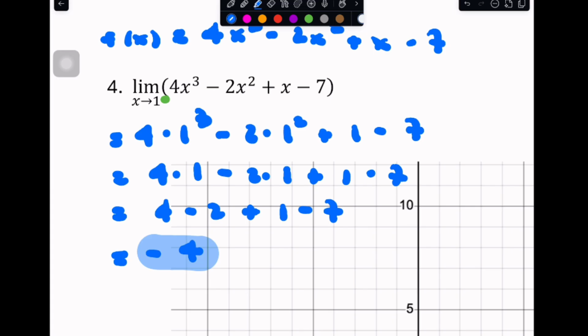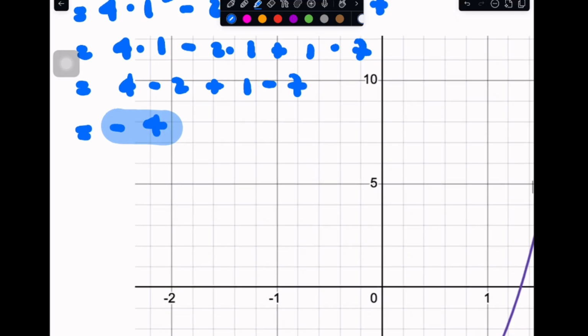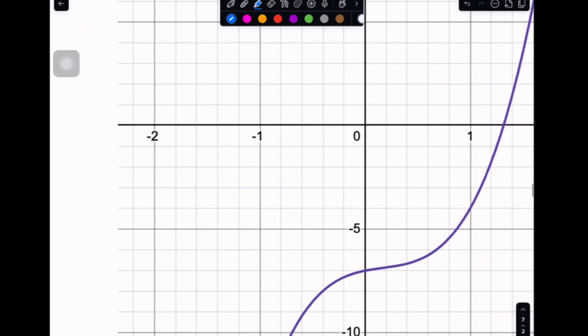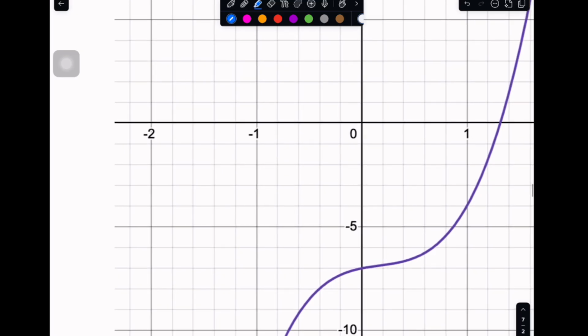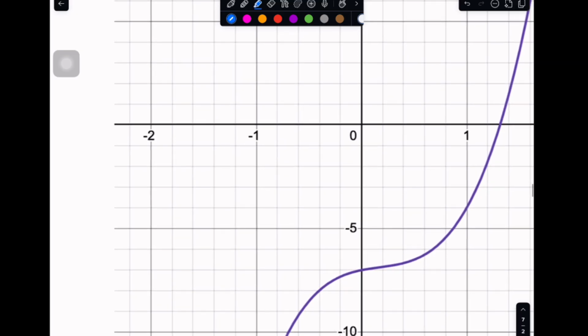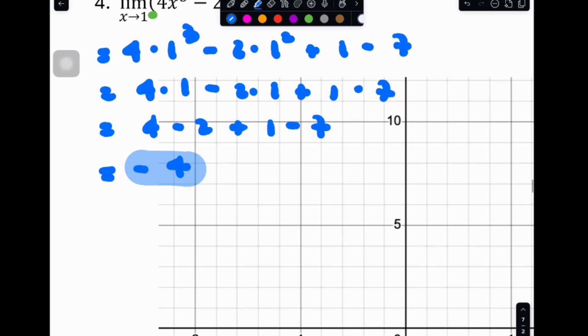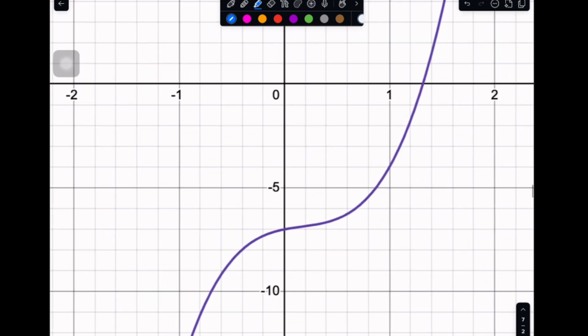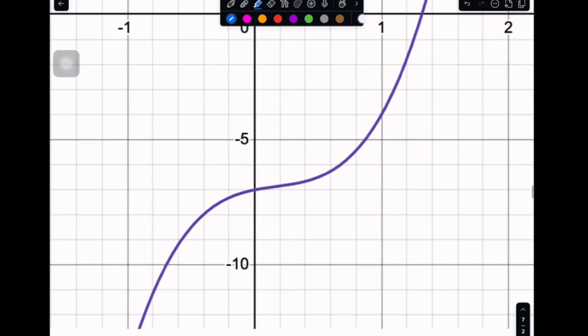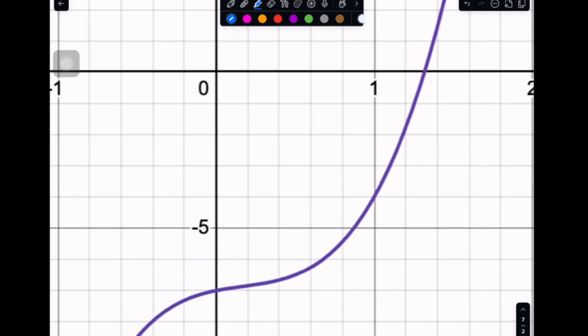Now, you might say, but why did you put the graph? Because you also want to see the graphical approach to a limit. You want to understand limits very thoroughly. So we're approaching the number 1 from the left. Is that right? So let's approach 1 from the left. Where is 1? It's here.